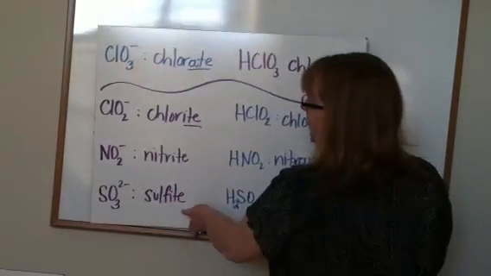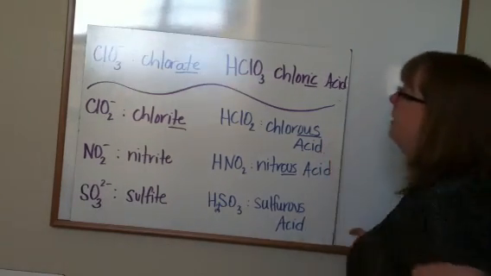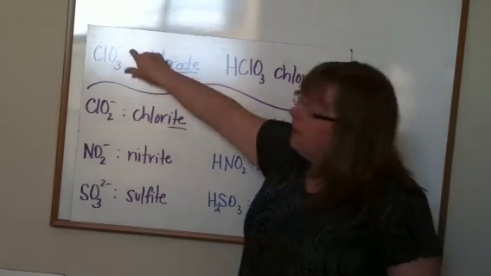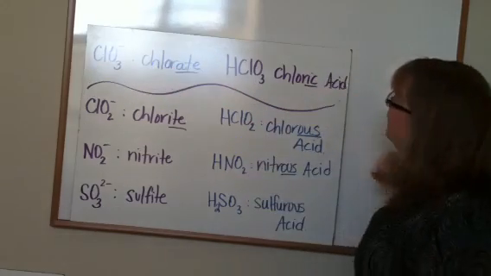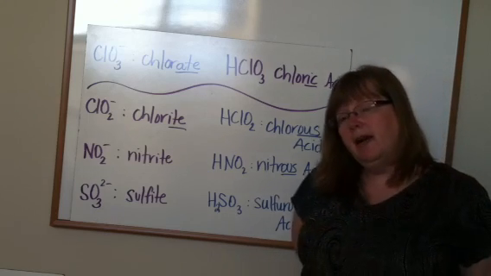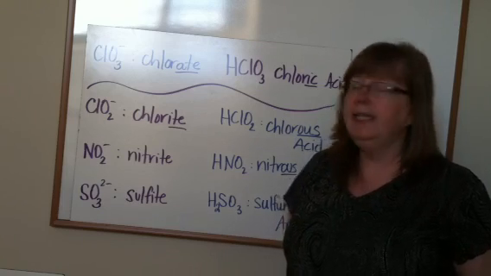Let's go ahead with this one, ClO3 with a -1 charge. That's called chlorate. That polyatomic ion is chlorate. Put 1 hydrogen out front because of that -1 charge, and we've got chloric acid. All right, but not all polyatomic ions end in ate. Some of them end in the ending ite, I-T-E.